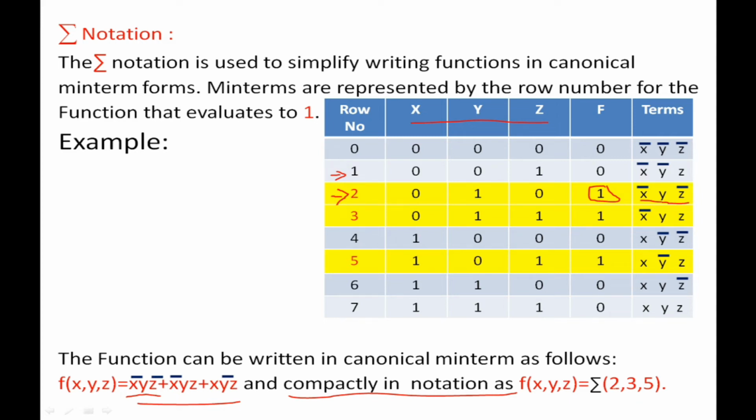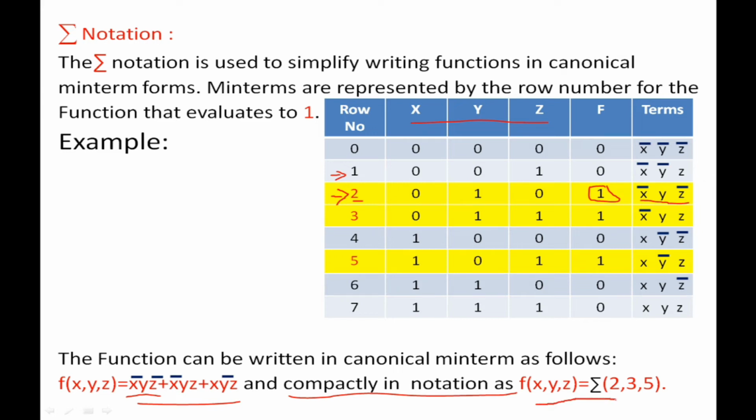So here you can see 2, 3 and 5. 2 is the row number where the function is evaluating to 1, and x bar, y, z bar is a part of my Boolean function. So instead of writing these terms, I can directly represent the row for that particular term where the function is evaluating to 1.